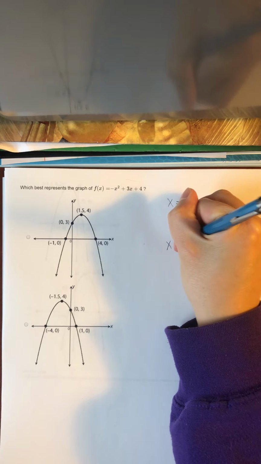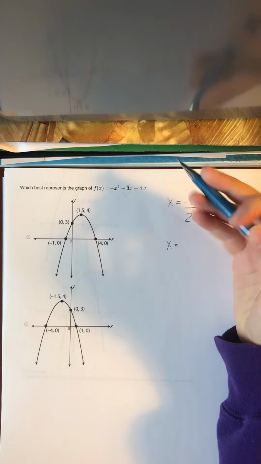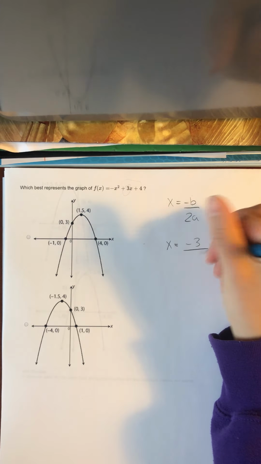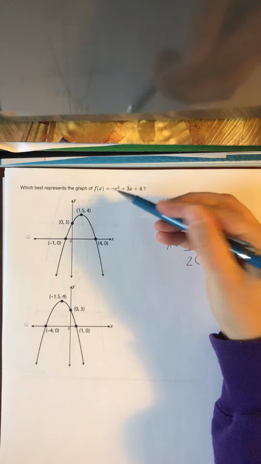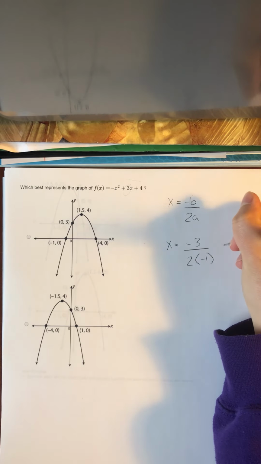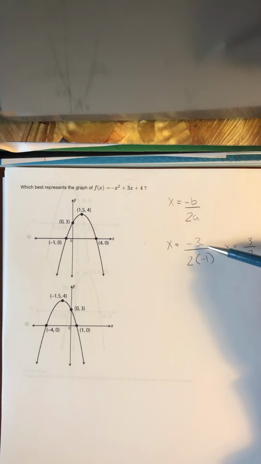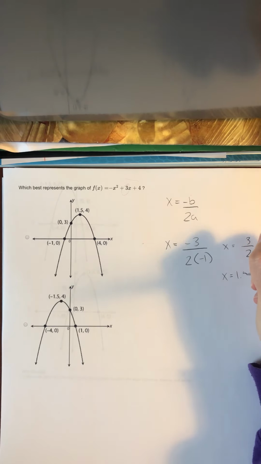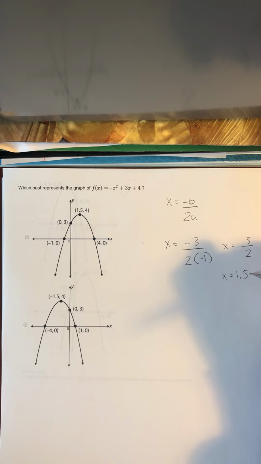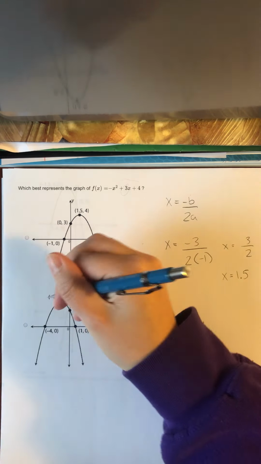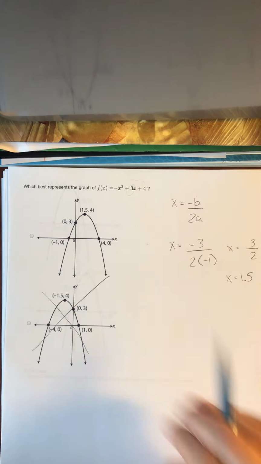So x equals, b is 3, so negative b is negative 3, over 2 times a, which is negative 1. So x equals positive 3/2. Negative over negative is a positive. So x equals 1.5 if you change that to a decimal. So I know that this is not right because that says negative 1.5.